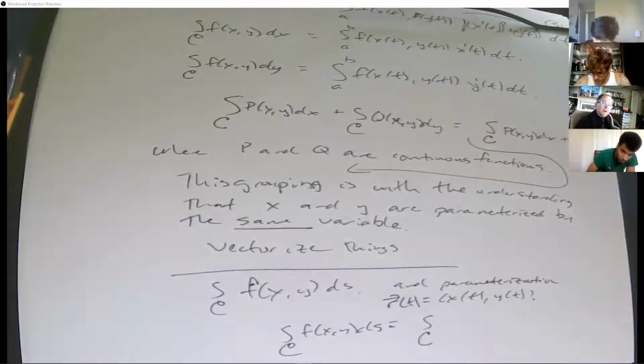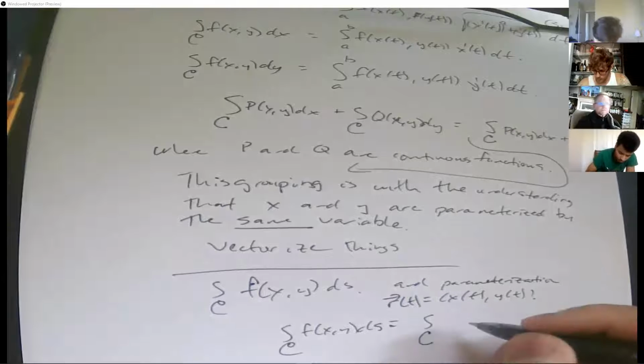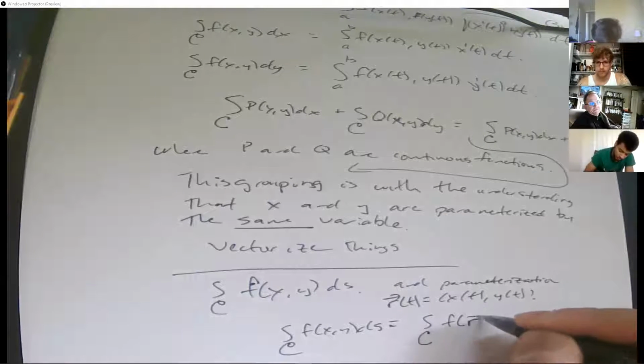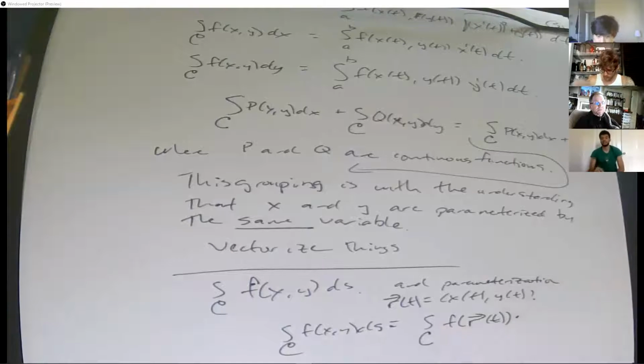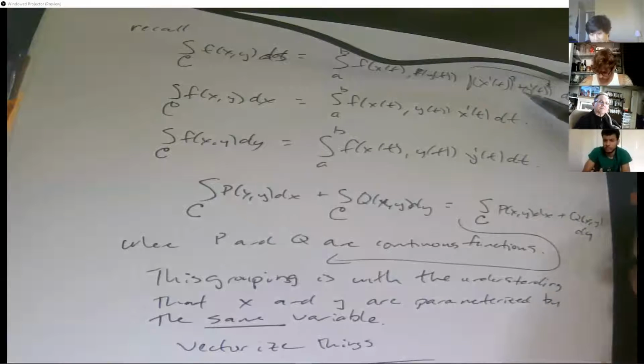of f evaluated at r of t, times, what is this thing up here? This right here is the length of the derivative of r of t.